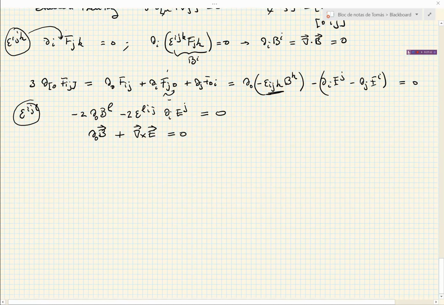What you have to remember, as we mentioned before, is that you have two possibilities or two points of view. You can write F in terms of E and B, and then you need four Maxwell equations.